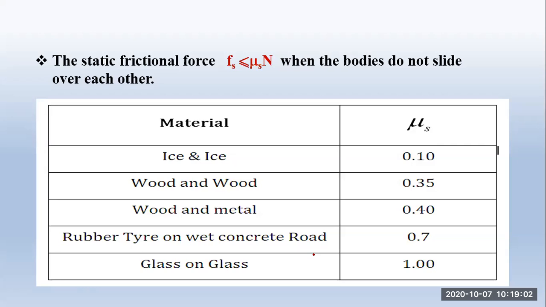Rubber tire on wet concrete road, which means during monsoon season, that is 0.7. And glass on glass, that is 1. It is very difficult to slide glass on glass; the friction coefficient has large values. These are just to give an idea of how different object surfaces behave in contact with friction.